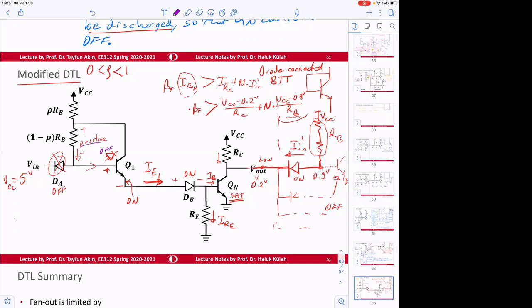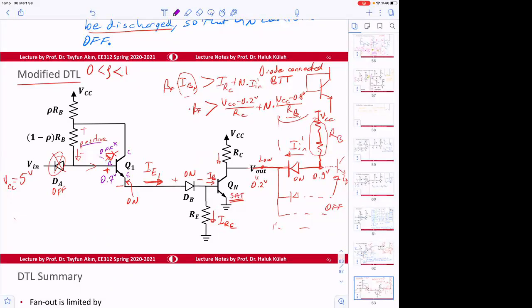Why? Because positive voltage here. So if this junction is on, and the base emitter is on, and the base collector is off, then this transistor should be in forward active.